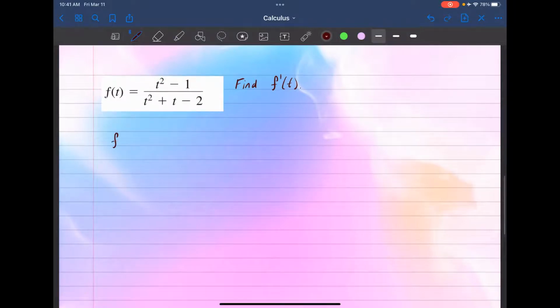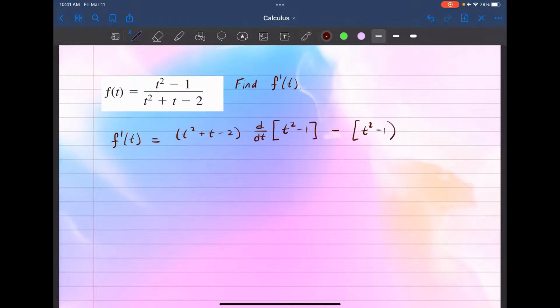So the derivative of this function is going to be, you keep the bottom, so let's rewrite that, t squared plus t minus 2. And we're going to take the derivative with respect to t of the top function, that is t squared minus 1. Minus, now we keep the top, which is t squared minus 1.